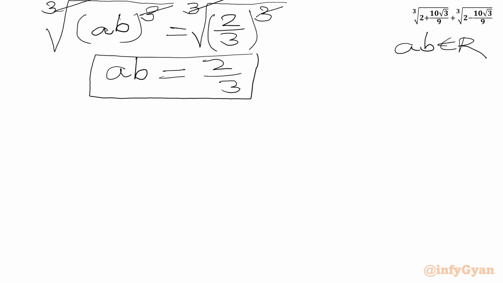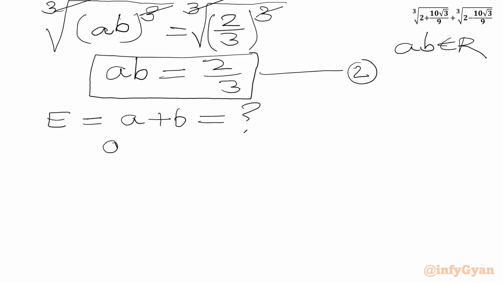Let's say this is our equation number 2. So our target is expression E, which is equal to A plus B. We have one known equation, equation 1, A cube plus B cube equal to 4. And here we have the second equation, AB equal to 2 over 3.